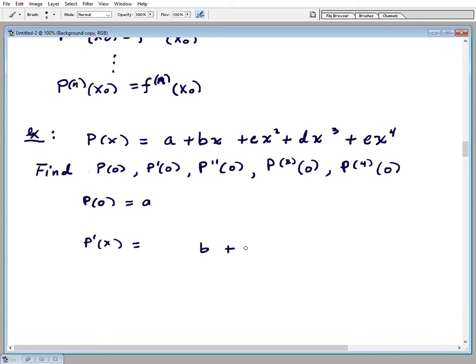plus 2cx plus 3dx squared plus 4ex cubed. Now put in 0, and what's left? Just the b.